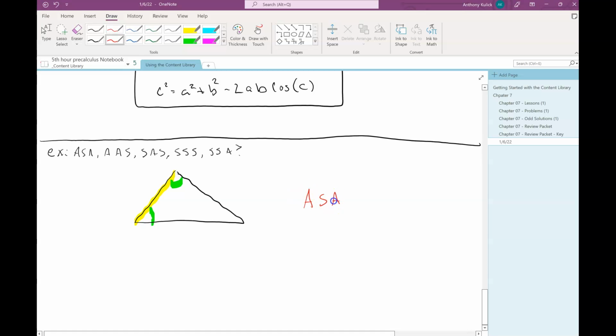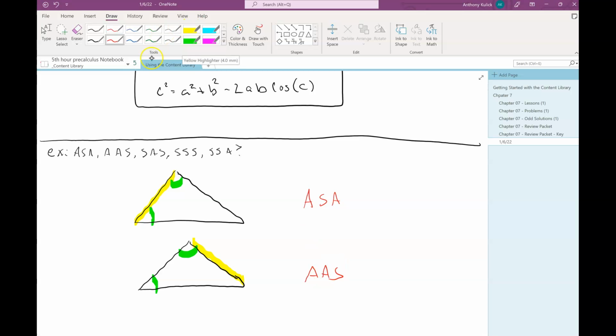But the natural question is, how does that look different from angle, angle, side? That's what angle, angle, side is going to look like. So notice in angle, side, angle, the side is an arm of both angles.